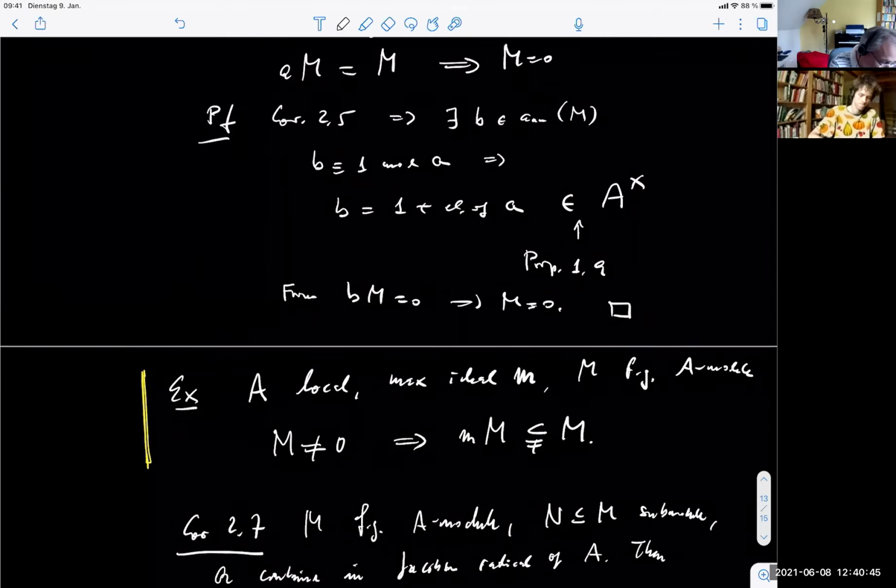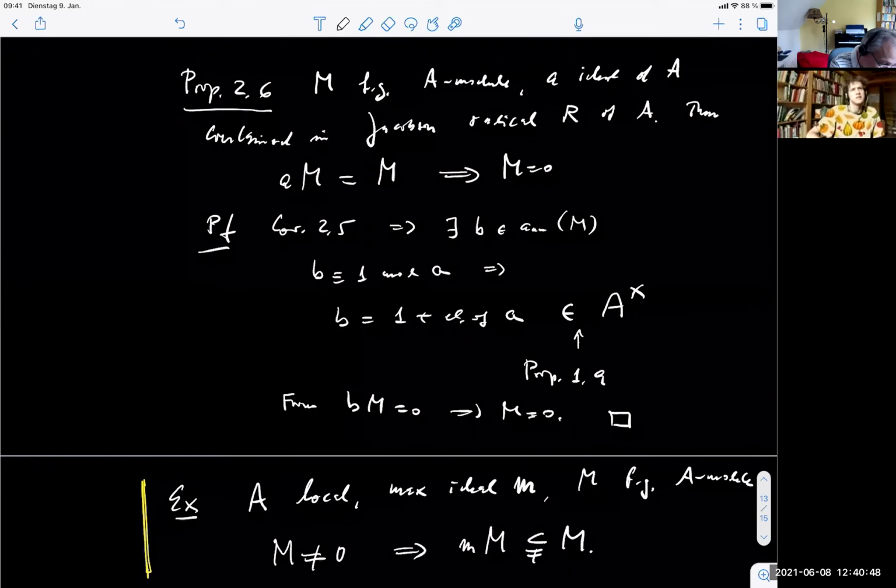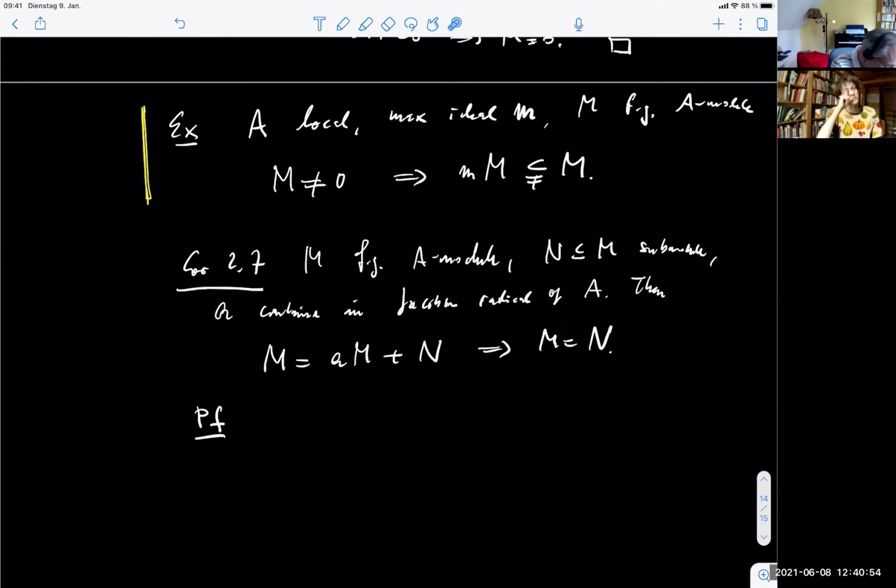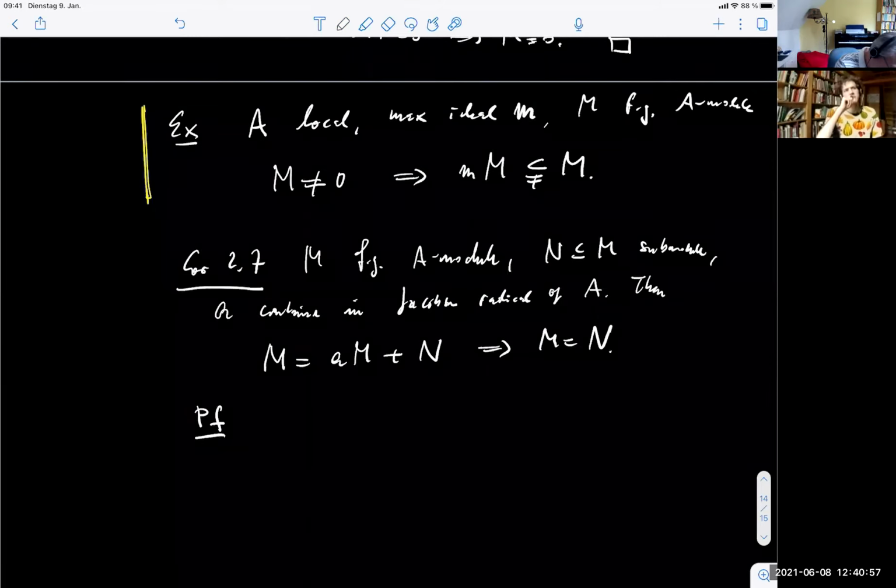I just apply this proposition, proposition 2.6, to the factor module M mod N. Because if I have this and I go to the factor module, then I have factor module equals A times factor module. And then I apply the proposition: factor module equals 0. This means this.